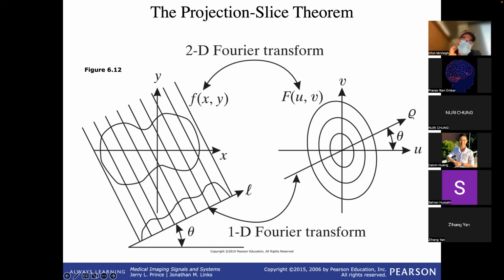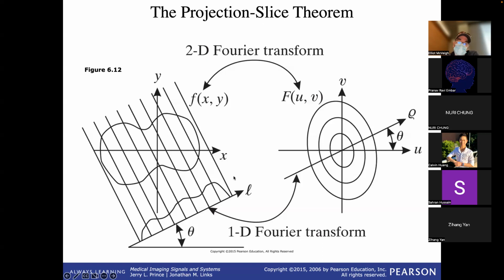But what happens with the projection slice theorem is if we start in space and I have some function that's an amplitude as a function of x and y in space, and I look at these integrals, I'm going to write that down. If I look at each one of these and I get a g of L, theta here. So it's a function of L and it's parameterized by theta.